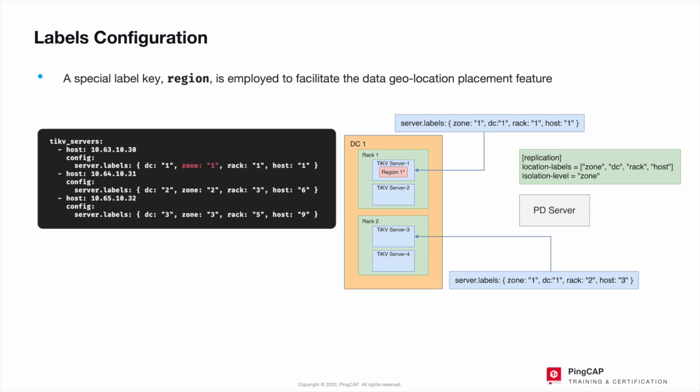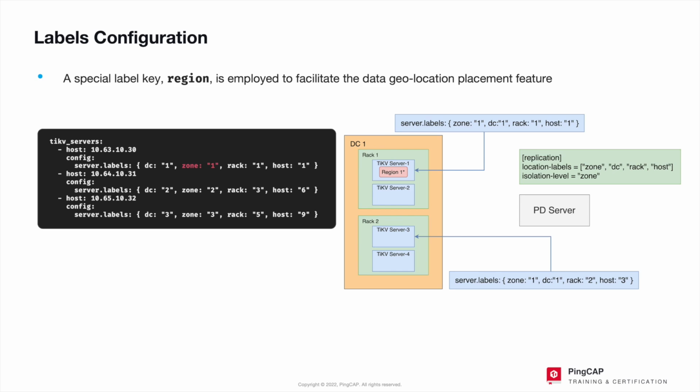We can set a label for each TiKV instance to identify which host and which rack of which DC it is located. The PD node specifies the format of the label so that when the PD node initially distributes the region, it can perceive the location of the data center, rack, and host according to the label set on the TiKV node. This helps implement high availability for our TiDB database cluster.